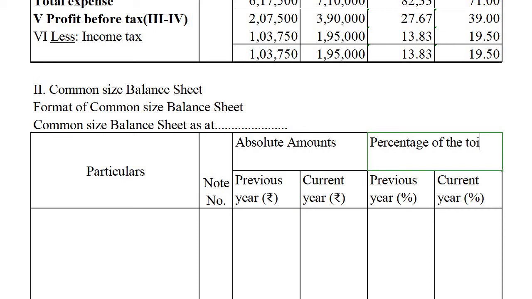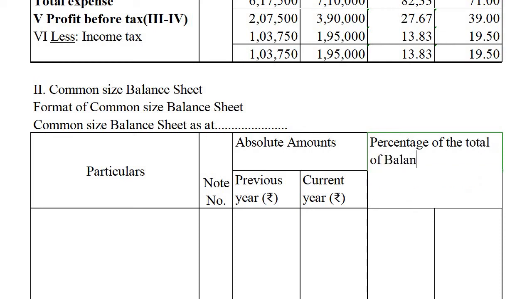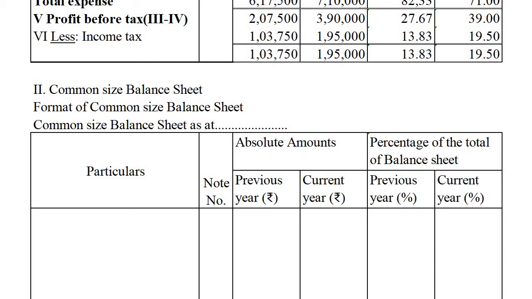The total of the balance sheet will be considered here. Previous year's total will be taken as 100 and current year's total will be taken as 100 here. So let us write the heading.